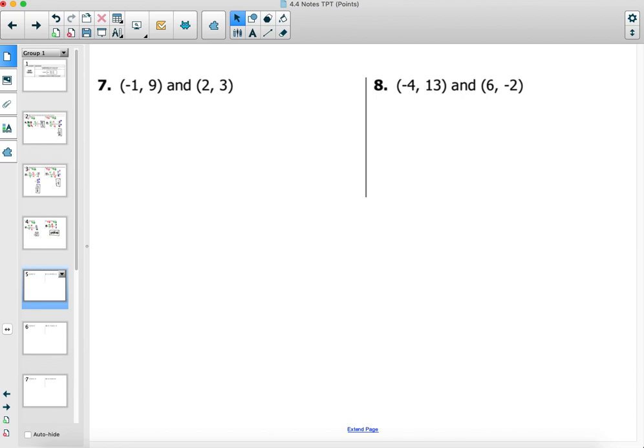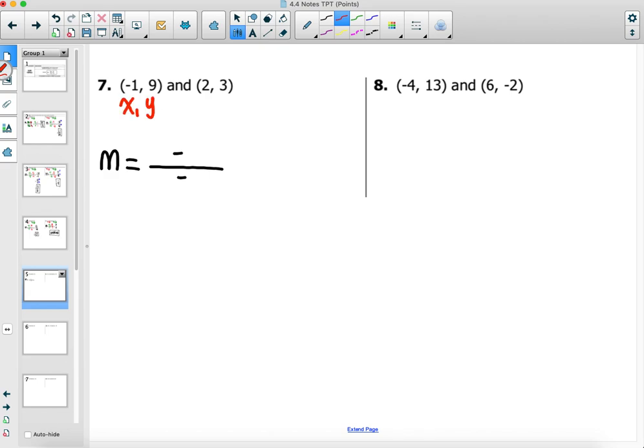Number 7 here, m equals, draw the fraction, put the minuses in, label our points x1, y1, x2, and y2.